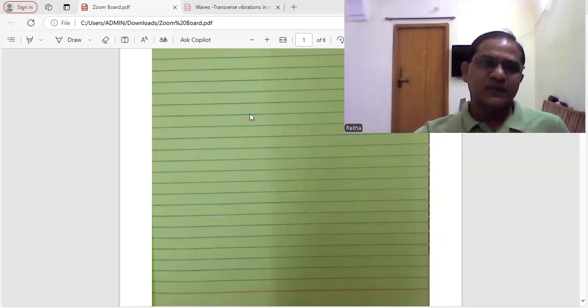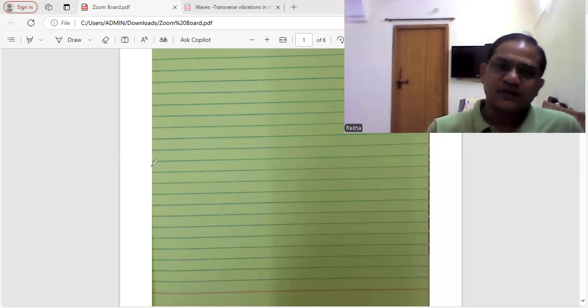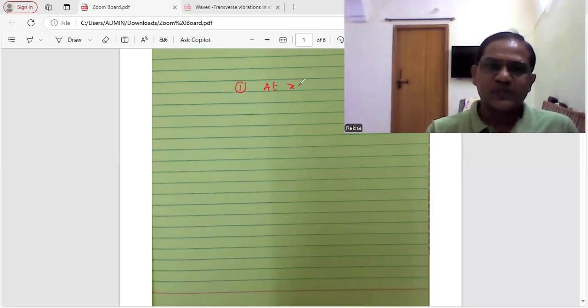So from this, first let us apply the boundary conditions. There we have two boundary conditions. At x is equal to 0, the displacement of the particle y is equal to 0. Second boundary condition, at x is equal to L, y is equal to 0.